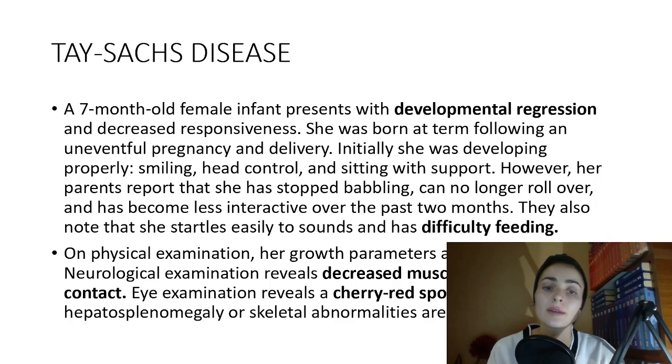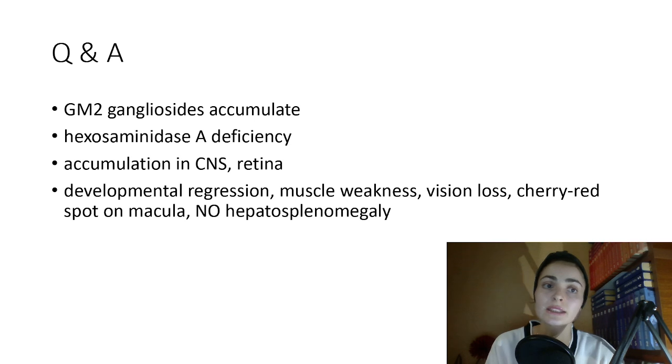On physical examination, her growth parameters are normal. Neurological examination reveals decreased muscle tone and poor eye contact. Eye examination reveals a cherry red spot on macula, but no hepatosplenomegaly or skeletal abnormalities are noted. So this is Tay-Sachs disease, in which the accumulation happens in GM2 ganglioside. So GM2 ganglioside accumulates. Why?